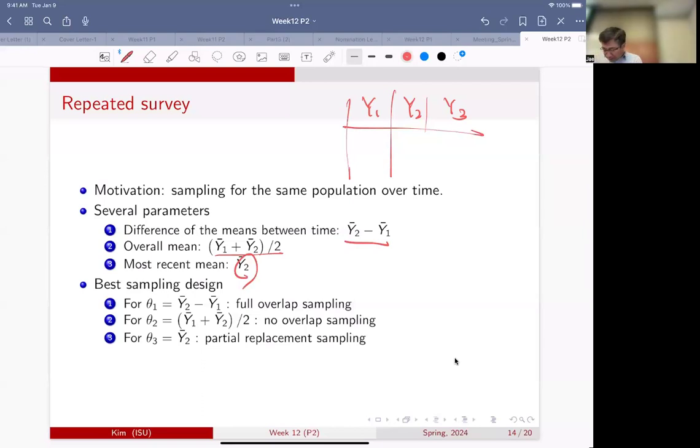Because, see, here's a point. Let's consider estimation of this. Theta 1 is this difference. Then what is the variance?